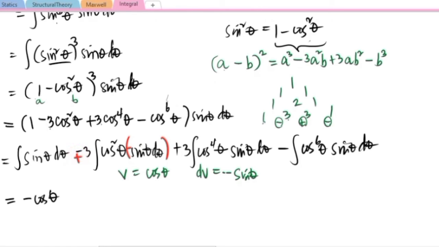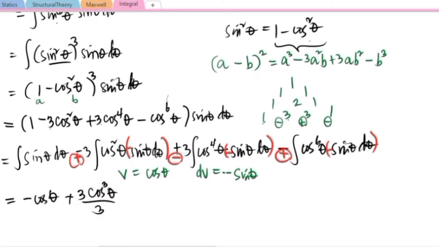And this one, since kulang tayo ng negative dyan, so magmumultiply tayo ng negative dito and negative sa labas. So this would be positive na. And here, magmumultiply tayo ng negative and negative sa labas. So magiging negative na to. And negative dito, negative sa labas. So magiging positive na to. So since derivative niya na yung katabi niya, so therefore we can now apply the general power formula. So that would be plus 3 cosine squared plus 1. So it's cosine cubed theta over 3.